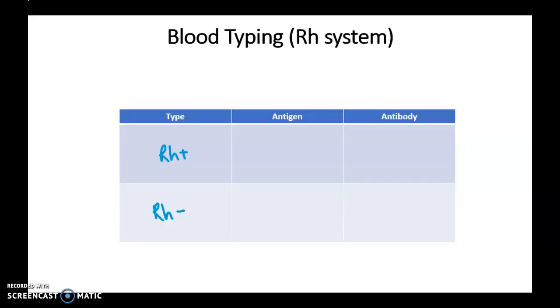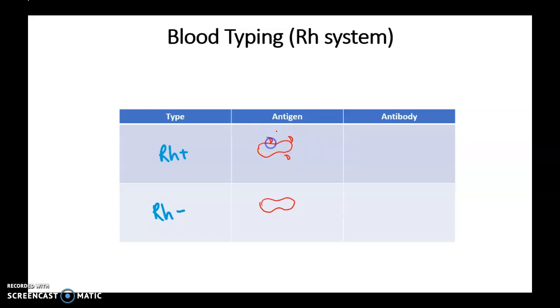All right, moving on to the RH system. The RH system is different from the ABO blood system, and there are two types of RH blood type. One is RH positive and the other one is RH negative. So here I'm going to draw an RBC, and a person who is RH positive will have D antigen.